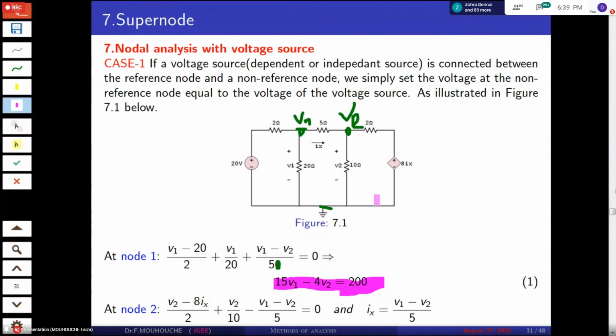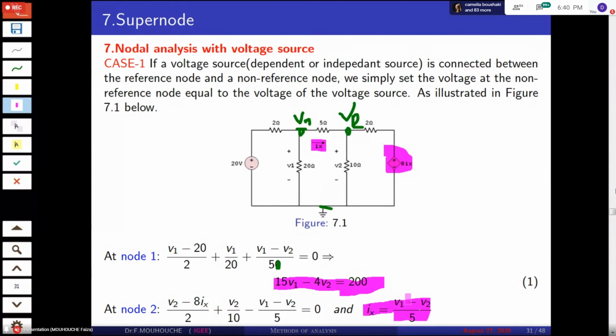Don't forget here we have a dependent source. Dependent source is a current controlled voltage source. So this voltage source is controlled by the current ix, and ix is located here. So ix equals (V1 minus V2) over 5.